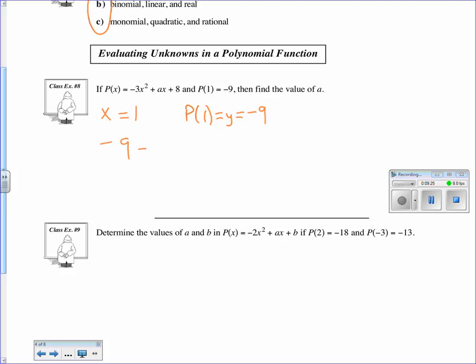Negative 9 is equal to negative 3 times 1 squared plus a, which I don't know, times 1 plus 8. So negative 3 plus 1a plus 8 is equal to negative 9. That's negative 9 equals 5 plus a. And subtract the 5 over to the other side. I end up with a being equal to negative 14.